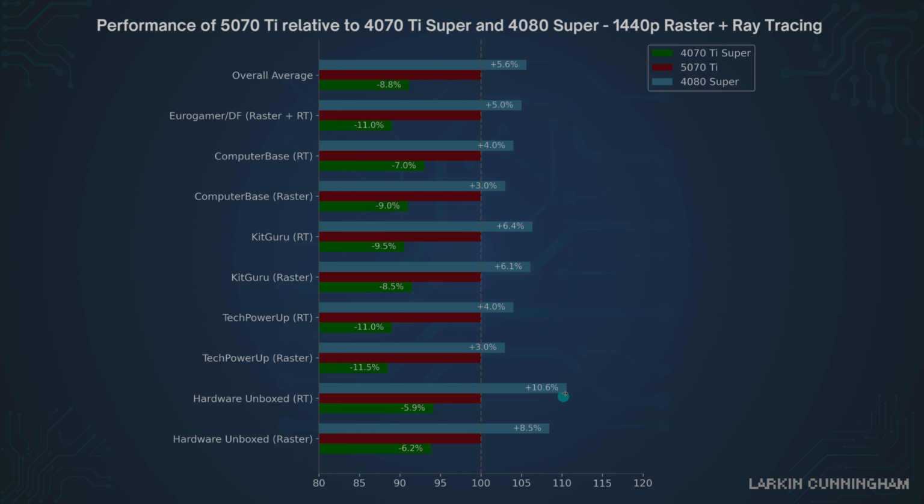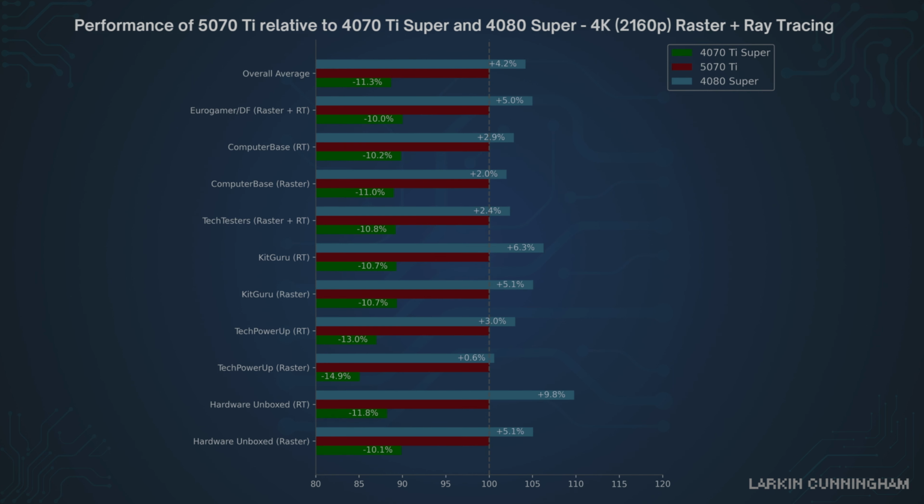Not by a whole lot, but when you look at ray tracing, the 5070 Ti actually loses ground on the 4080 Super. That still surprises me even now, because I just thought, how could that be? But obviously the 4080 Super does, I think, have extra RT cores, so it does seem to have a little bit of an advantage there.